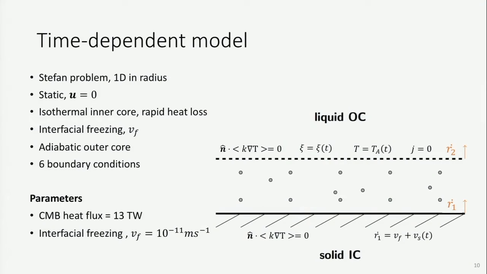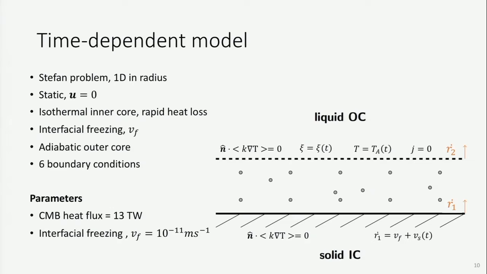I'm also idealizing this system as one-dimensional in radius. I've assumed a static slurry, so there's no flow velocity in there. Another assumption is that the inner core is isothermal. In reality, it's somewhere between isothermal and adiabatic.